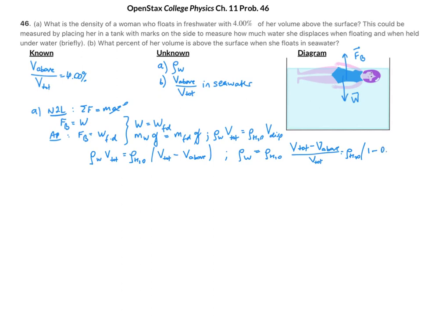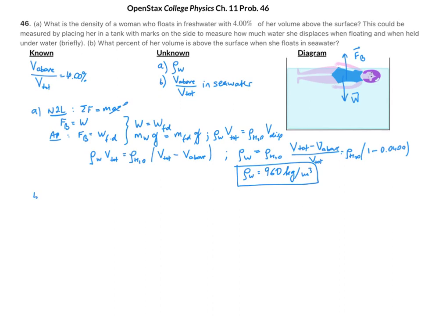So that's 1 minus 0.0400. And it turns out that if I plug in density of water as 1,000 kilograms per cubic meter, I end up with 960 kilograms per cubic meter. So that would be the density of the woman.